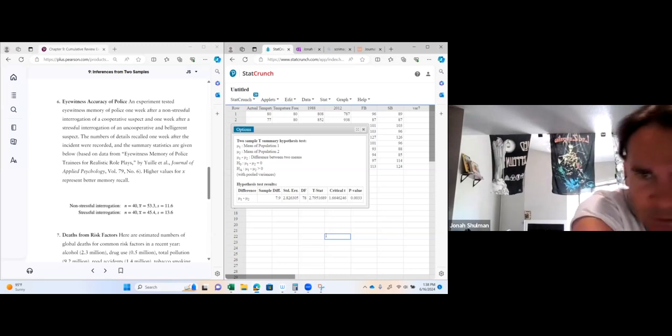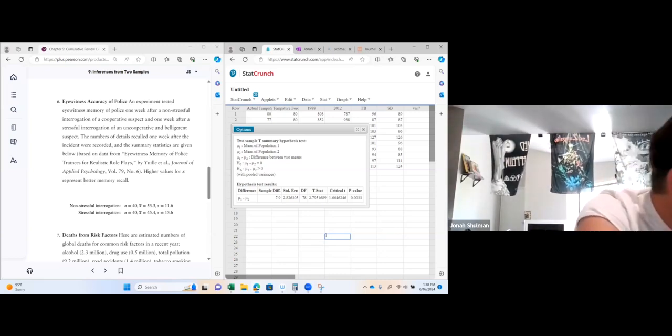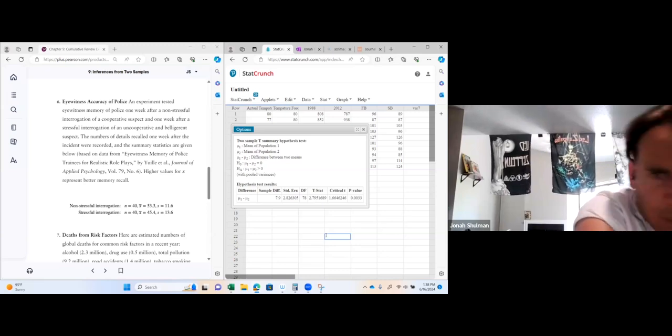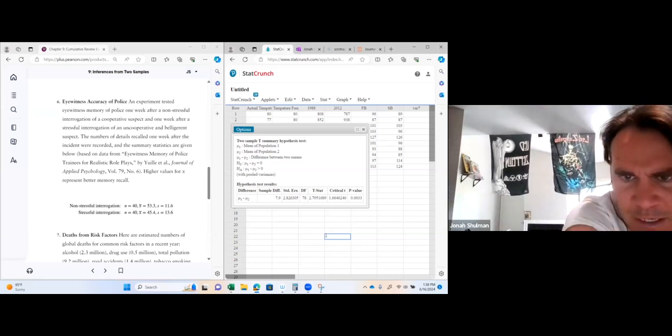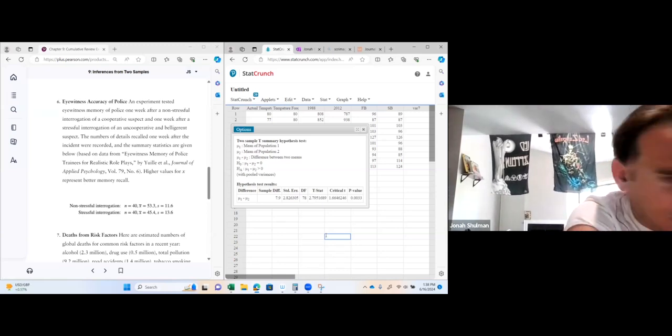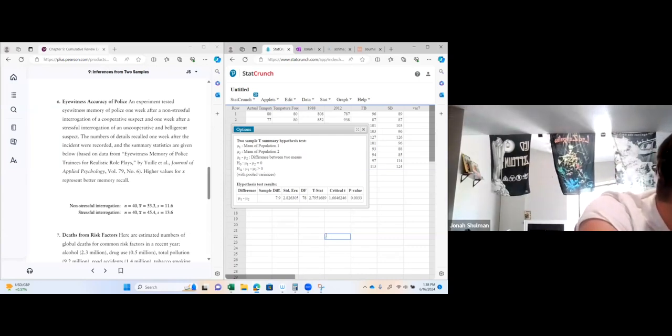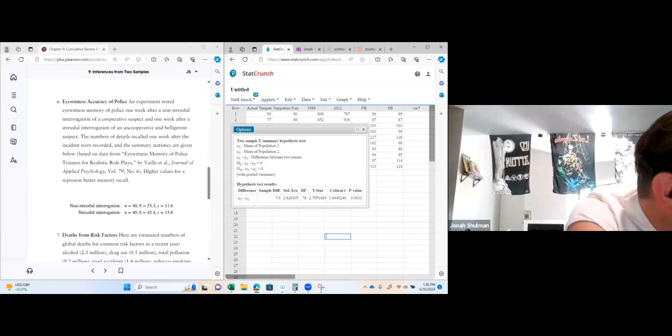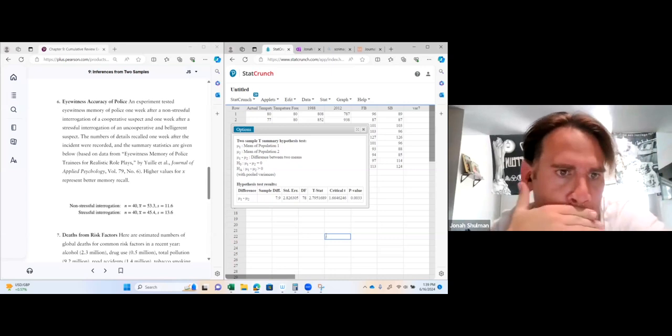They got 0.0029. We got 0.0033. Their T value was 2.83. Our T value was 2.75. The test is this, which is 2.34. And they use the critical value.